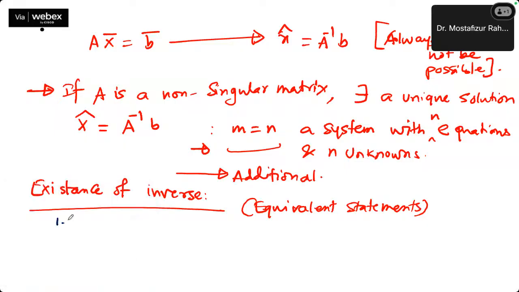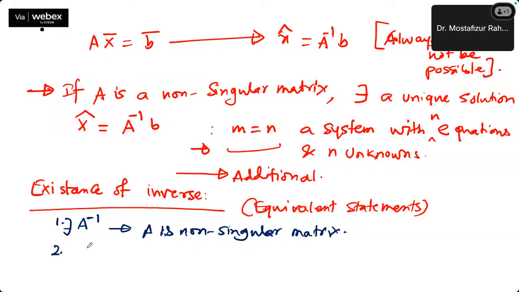First of all, if A inverse exists, you can directly compute A inverse. If A inverse exists, that means A is a non-singular matrix. Second, if rank of A equals n, that is a full rank matrix.